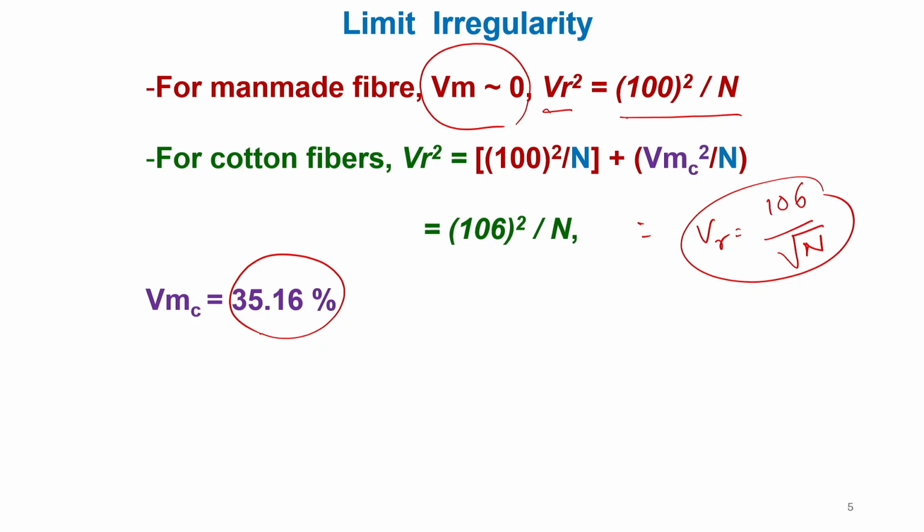That is the average value, and it is based on a large number of specimens. So, we use this general equation for cotton, limit irregularity will be 106 by under root n. If we use this Vm here, 35.16, we will get this value 106. Okay.